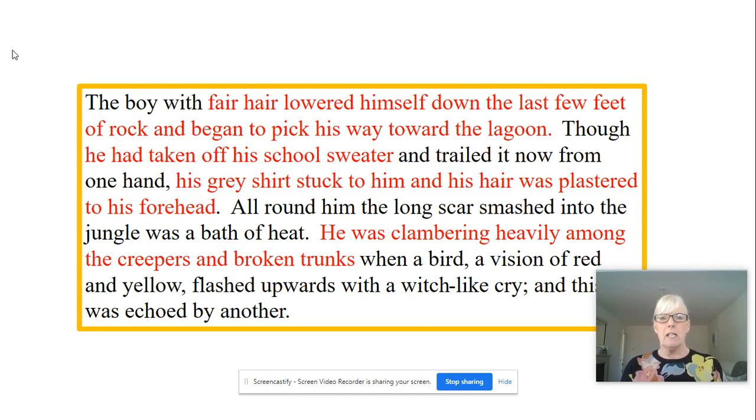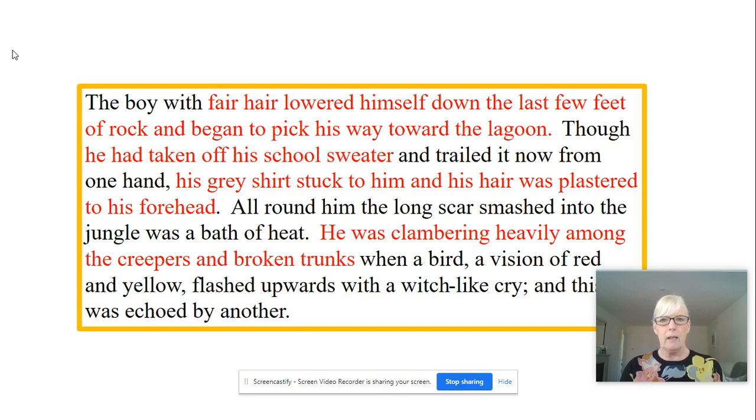And I've used a highlighter pen to highlight anything that gives me information about the boy, about the way he looks or what he's wearing or what he's actually doing. So you might just want to have a look and compare that with your response. So let's have a look then.